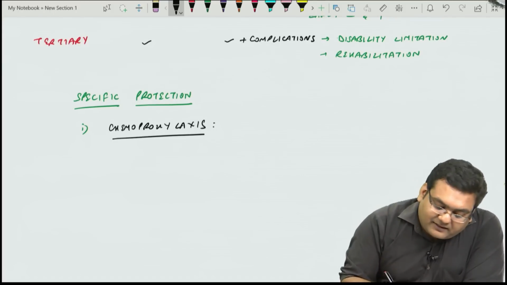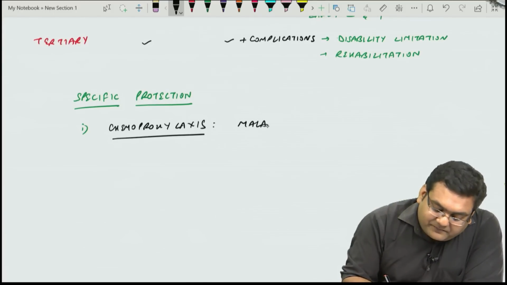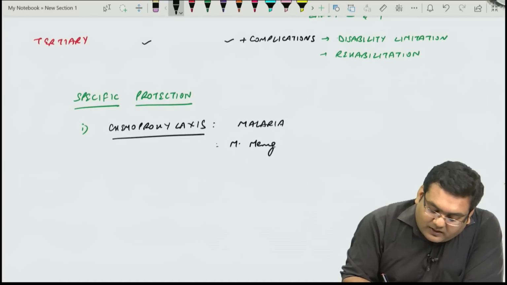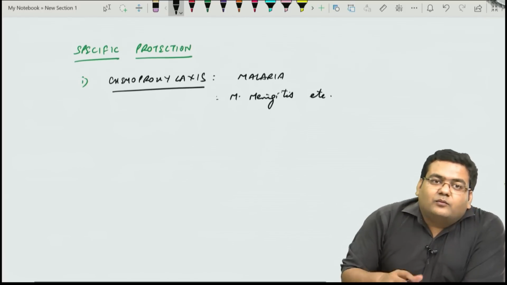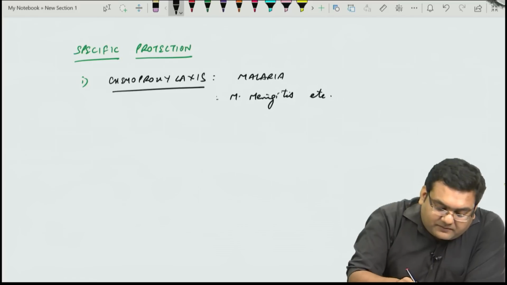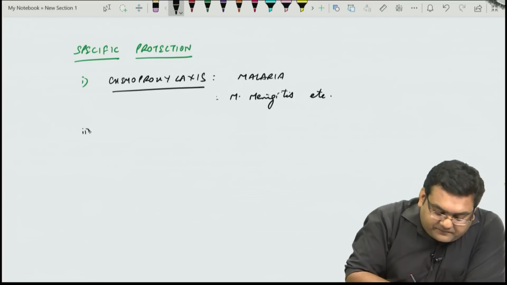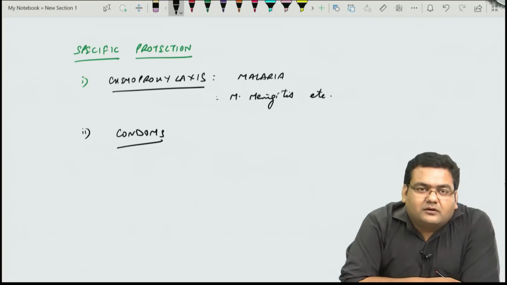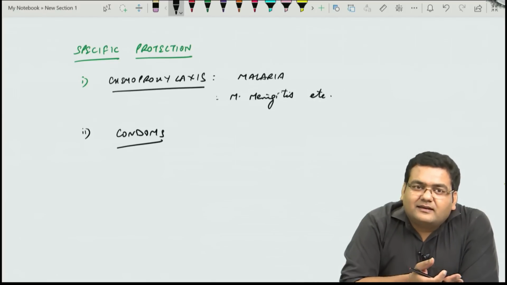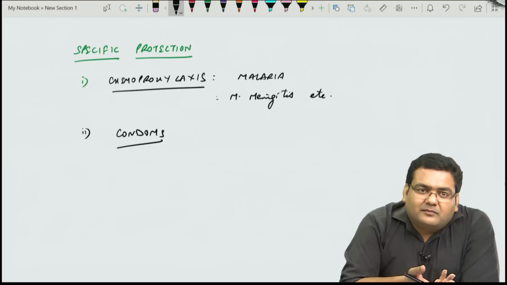For example, it is given for malaria, for meningococcal meningitis, etc. Some more examples of specific protection: use of condoms. It helps in prevention of RTIs, STIs and pregnancy, but the disease or pregnancy has not occurred yet.